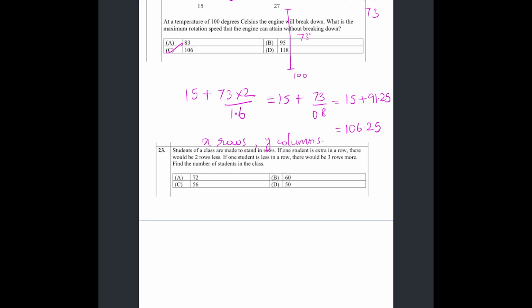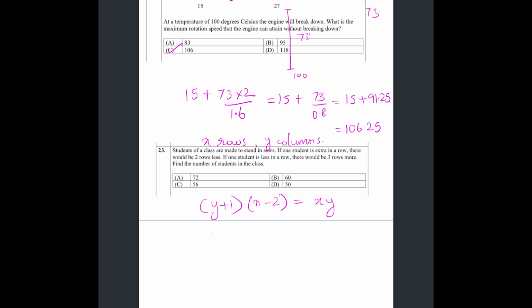Right? And the total number of students is XY and it remains constant. So if one student is extra in a row, that means there are Y plus 1 columns, there would be 2 rows less, right? The total number of students won't change, so we can equate it to XY, right?